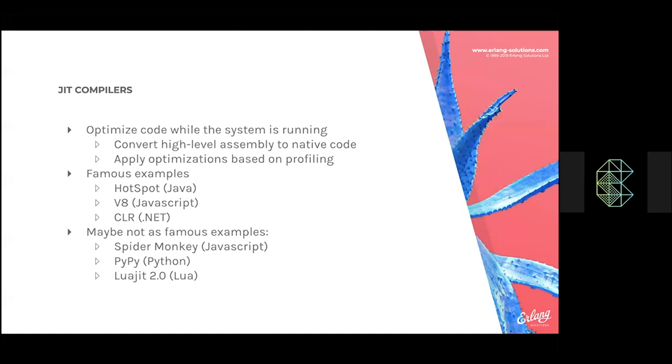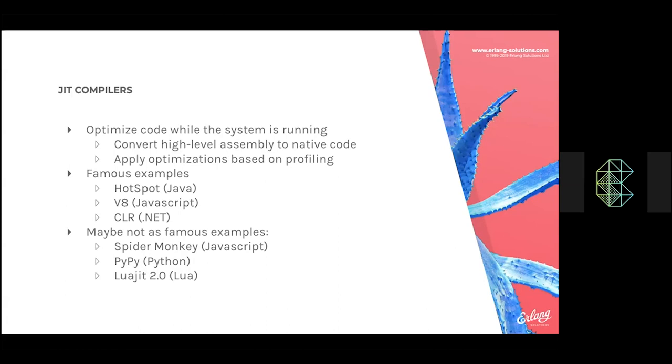The most obvious way to do this for a runtime such as Erlang is that we have a higher level instruction set that we try to convert into running specifically for the CPU that we're trying to run for. And we just convert this higher interpreted language into lower level assembly code and make the system run that instead. We also apply some kind of optimizations based on the profiling.